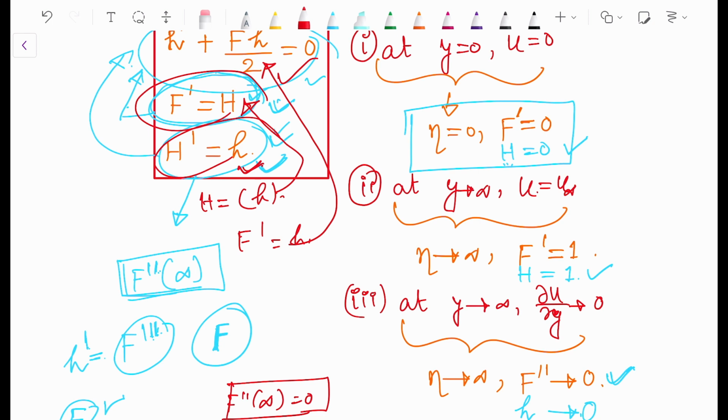But if it is not achieved, then my guess is not correct. I will show the scheme in the next discussion, and then we will move into the momentum integral method. In the meantime, if you can learn the shooting method by yourself, I suggest you code it in any language you prefer.